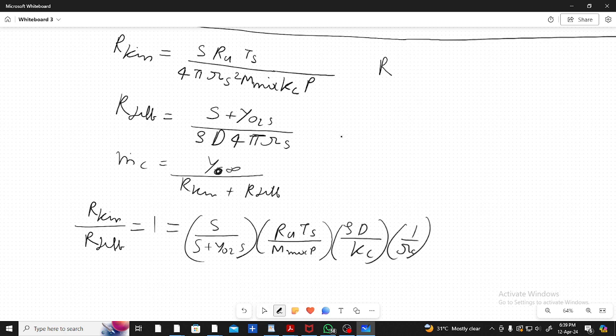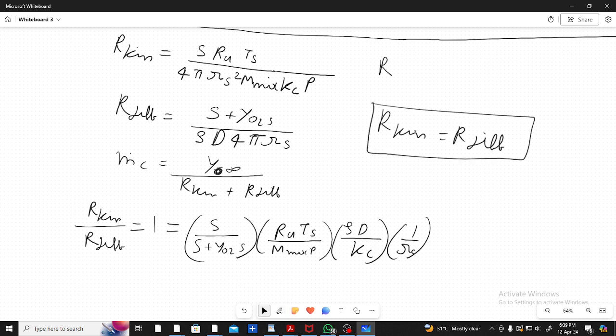See, it is given in the question, R kinetic is equal to R diffusion. So R kinetic upon R diffusion is equal to 1.